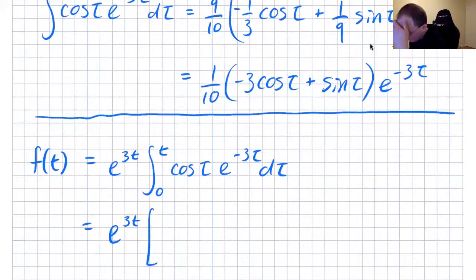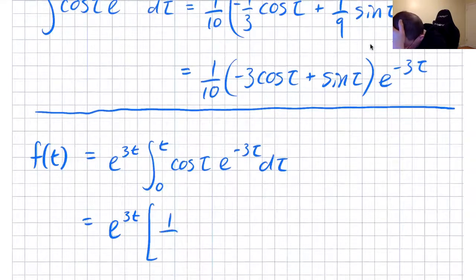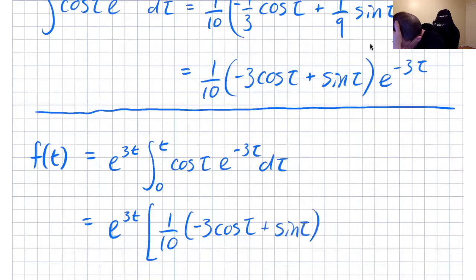The antiderivative of this is equal to 1 over 10 times negative 3 cosine tau plus sine tau, e to the negative 3 tau, and then evaluate from 0 to t.